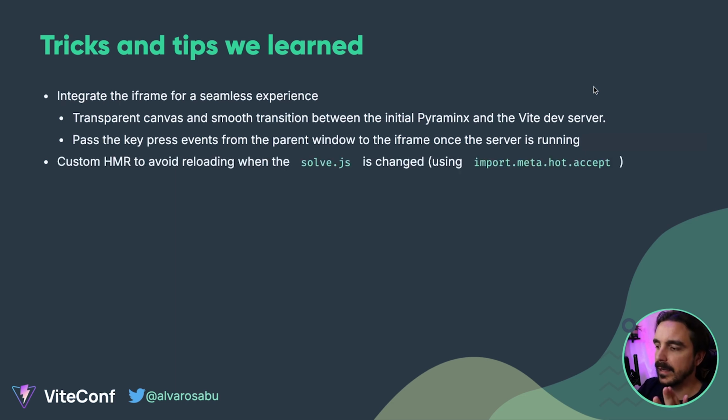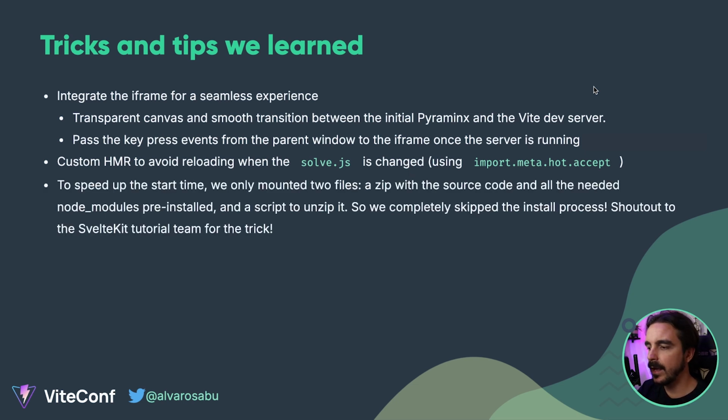We needed to implement a custom hot module replacement to avoid reloading when the user was changing the salt.js. So we were using import meta hot asset under the hood. And to speed up the start time, because we are talking about 3D and this could delay or affect the performance of the page, the way of doing it was zipping, like creating or mounting two files.